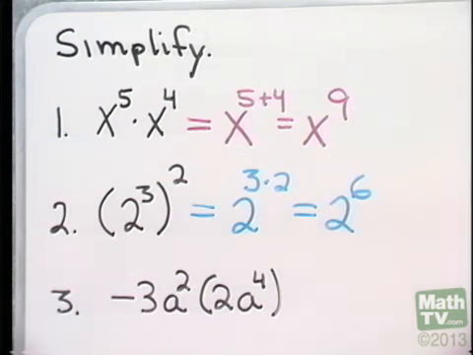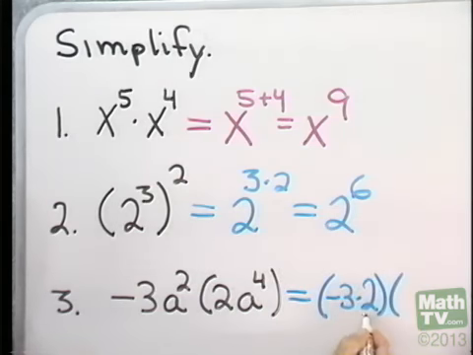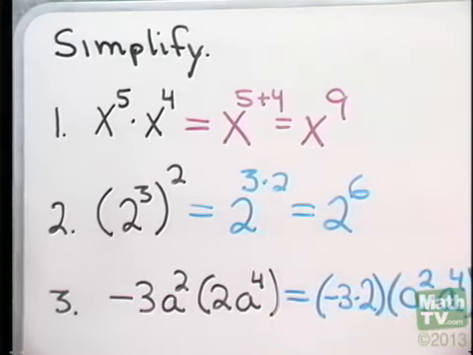I have negative 3a squared times the quantity 2a to the fourth. So I want to use my properties of exponents and also my commutative and associative properties. So I'm going to start by regrouping and writing this as negative 3 times 2. So I'll group the coefficients together, and then I'll group the variables with exponents together. A to the fourth times a to the second.